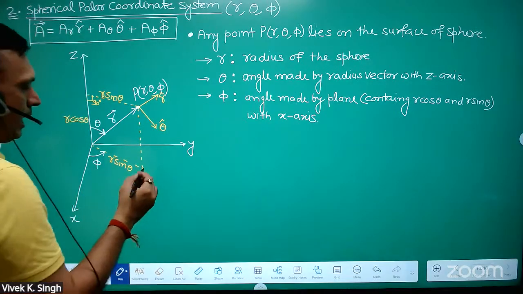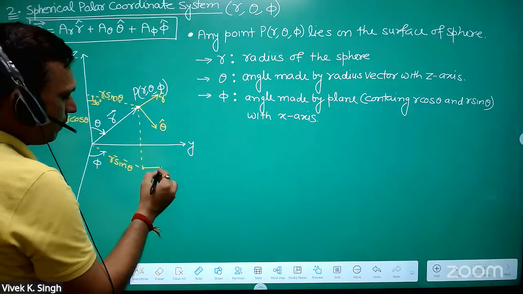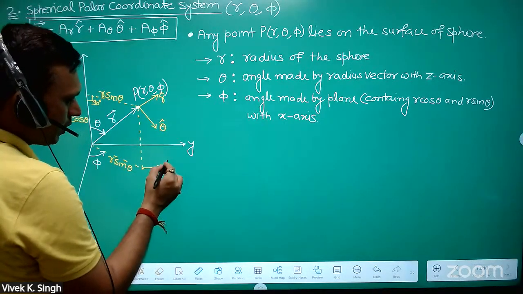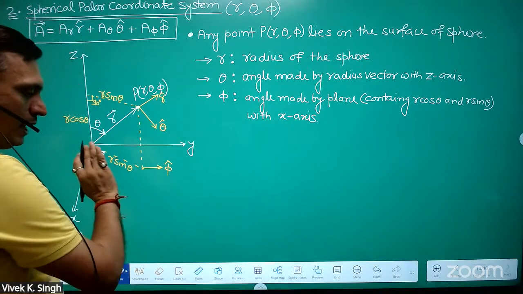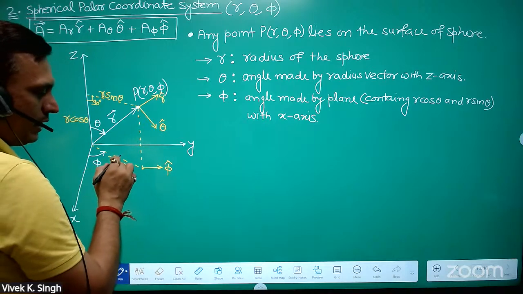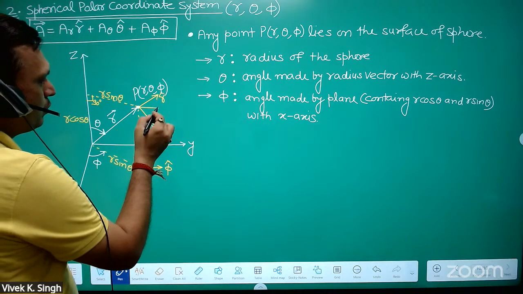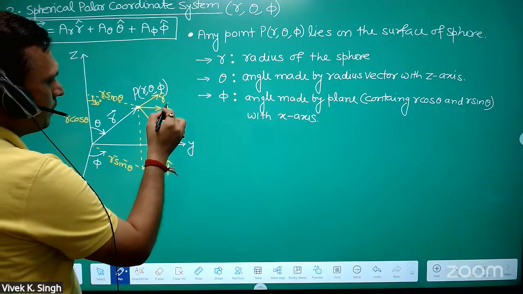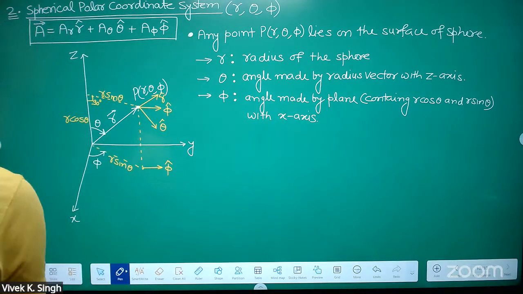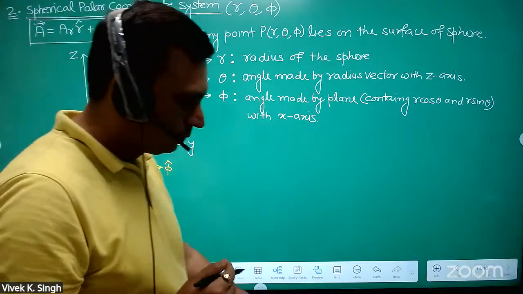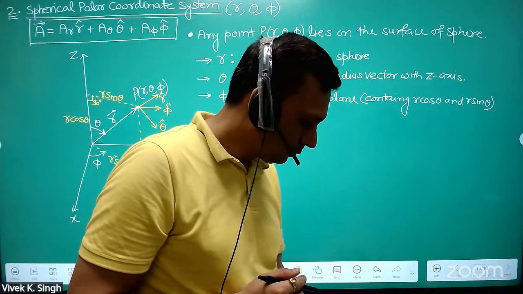And phi cap is perpendicular to this plane, because if this plane moves in the phi cap direction, phi will increase. So this is phi cap. And r cap, theta cap, phi cap are perpendicular to each other. Yes or no?